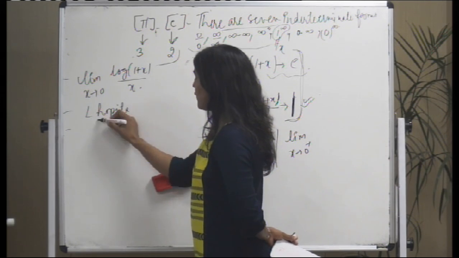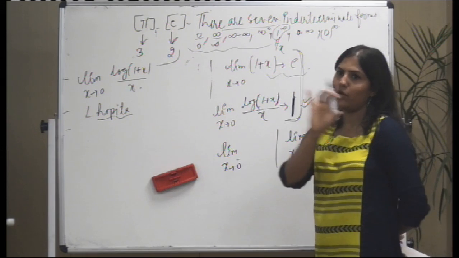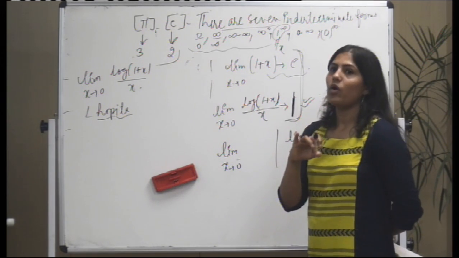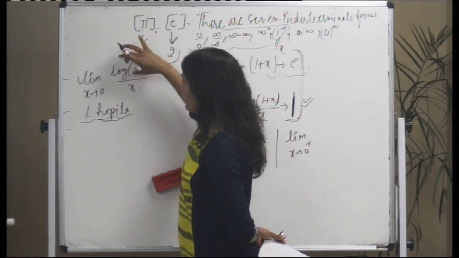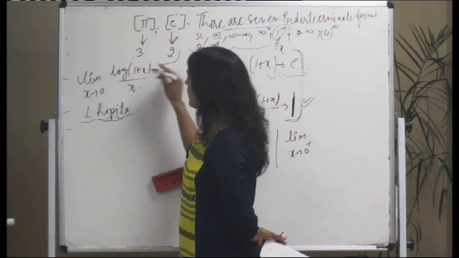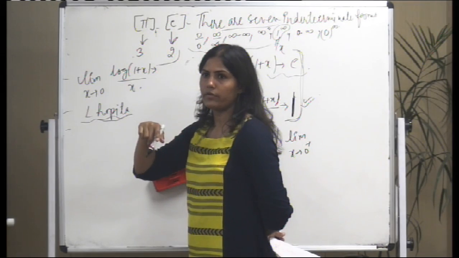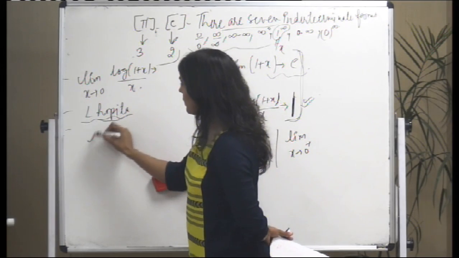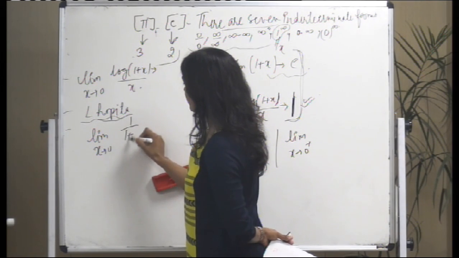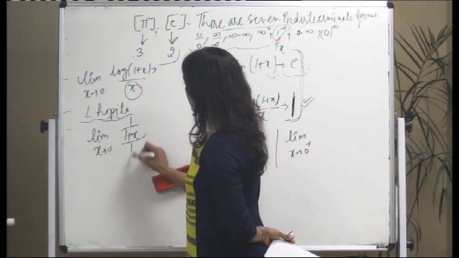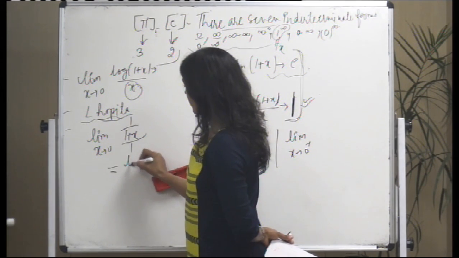We write hospital, but we call it L'Hopital. So L'Hopital rule basically is, this is 0 by 0 form, you differentiate the numerator function separately and the denominator function separately. So log derivative is, x derivative is 1.